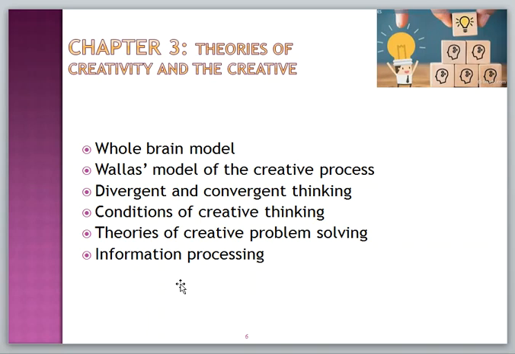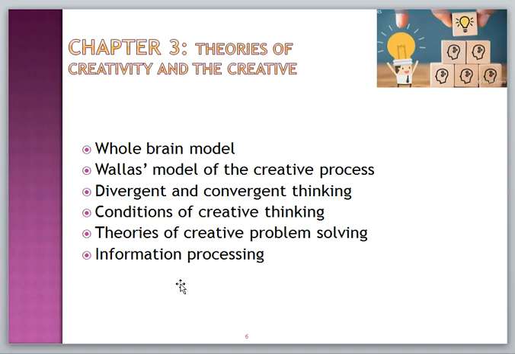Then Wallas's model of the creative process, divergent and convergent thinking, conditions of creative thinking, and some other theories of creative problem solving, like grace and accident. It means that creative thoughts come by accident, by chance. Cognitive theory, cognitive thinking, and the others.